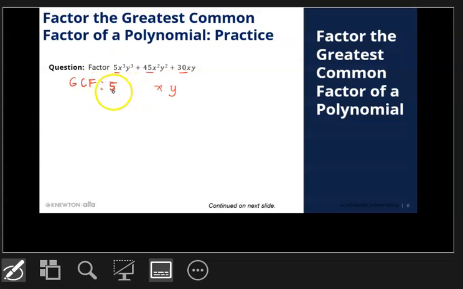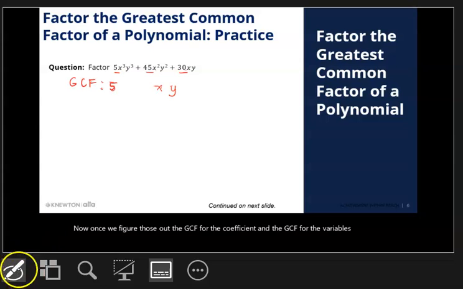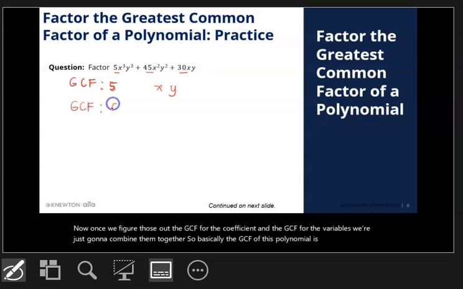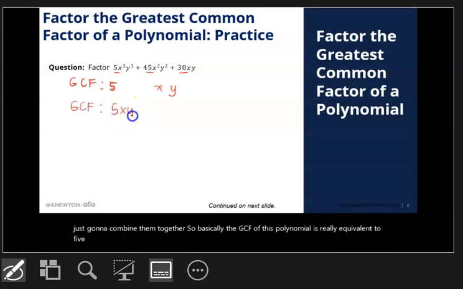Now once we figure those out, the GCF for the coefficient and the GCF for the variables, we're just going to combine them together. So basically the GCF of this polynomial is equivalent to 5xy.